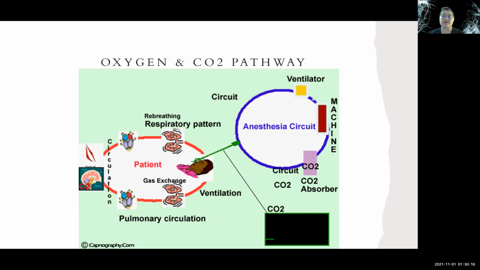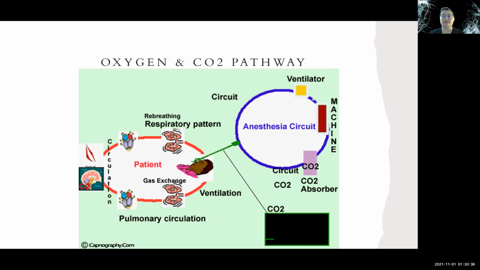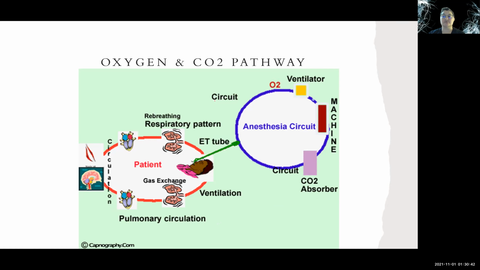And lastly, 5 to 10% is dissolved in plasma. And this is actually what is being measured and monitored whenever we are watching end-tidal CO2. Now remember, the site of gas exchange is going to be the alveolar capillary beds that lie between the blood and the air within the lungs themselves.